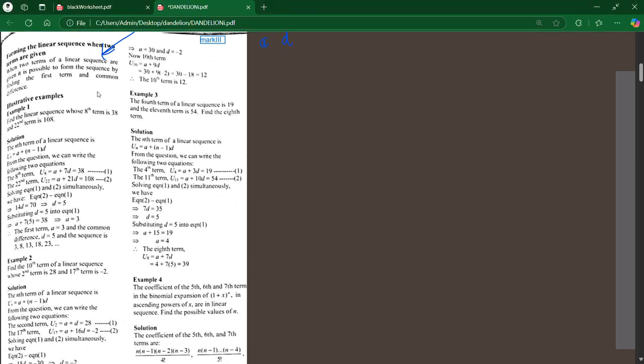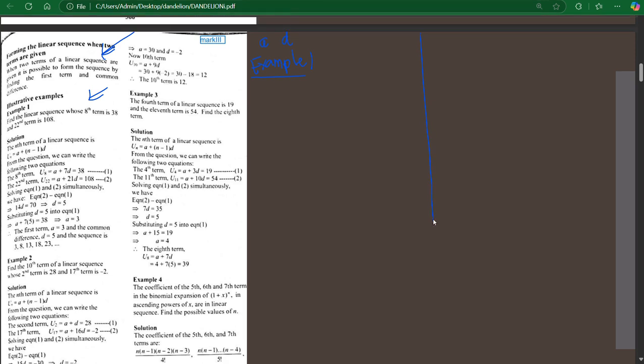So let's see an example here. In example 1, find the linear sequence whose eighth term is 38. So eighth term, right?